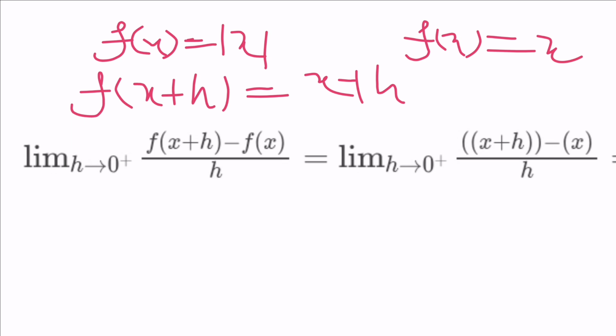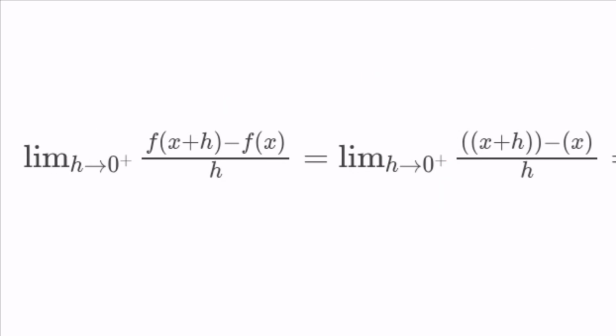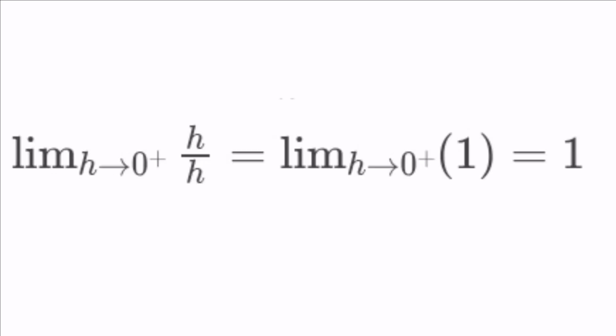So limit h tends to 0 through the positive side of f(x+h) minus f(x) divided by h becomes limit h tends to 0 through the positive side of (x+h) minus x divided by h.